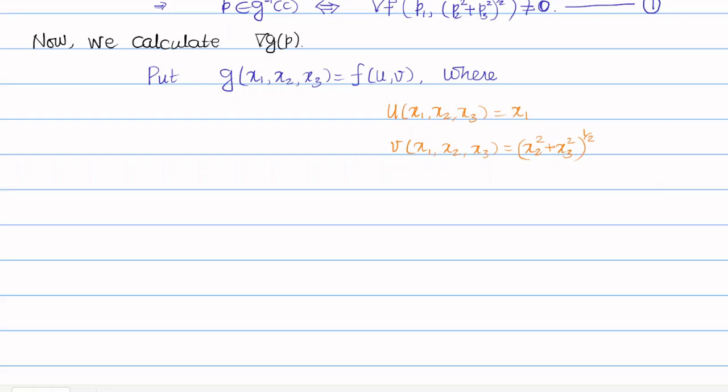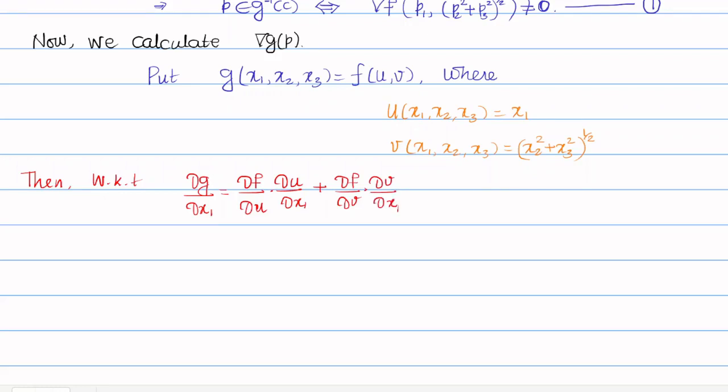அப்போ எனக்கு தெரியும், என்ன தெரியும் அப்படின்னா, we know that dou G by dou x1, so differentiate G with respect to x1, and note that G is nothing but a function of f, which is a function of u and v, and u and v are functions of x1, x2, x3. அப்போ இது எப்படி டிஃபைன் பண்ணுவோம் அப்படின்னா, that is dou f by dou u into dou u by dou x1 plus, by chain rule, dou f by dou v into dou v by dou x1.